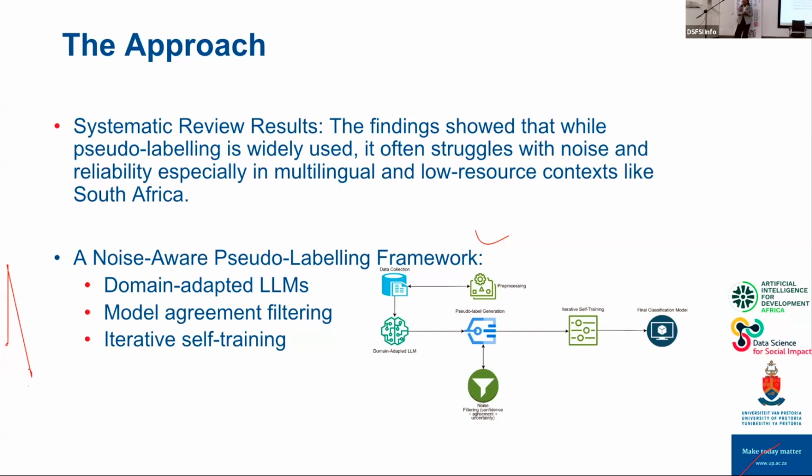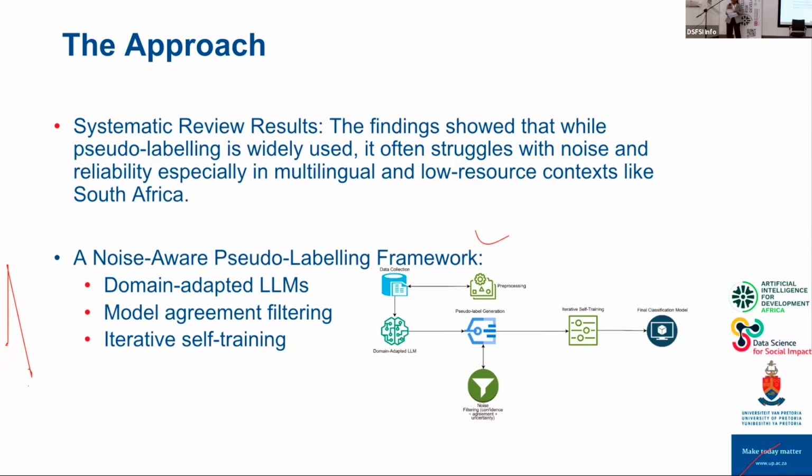This framework combines the following stages. The first is using large language models to generate initial pseudo-labels. Secondly, unreliable labels are filtered using confidence and agreement techniques. And then iterative self-training allows the model to gradually improve by learning from cleaner data over time.